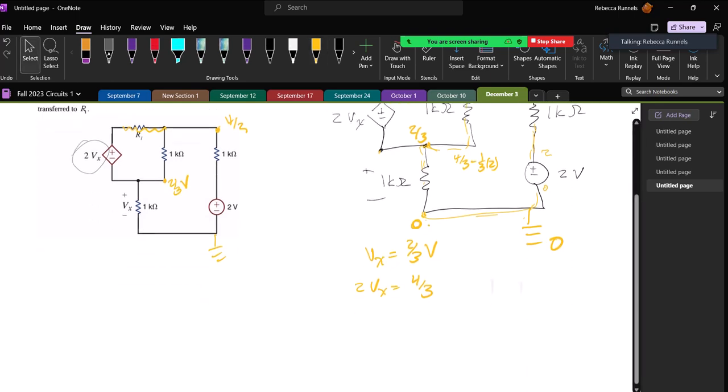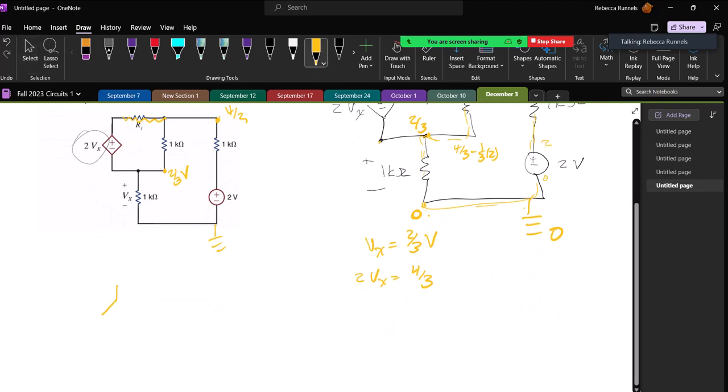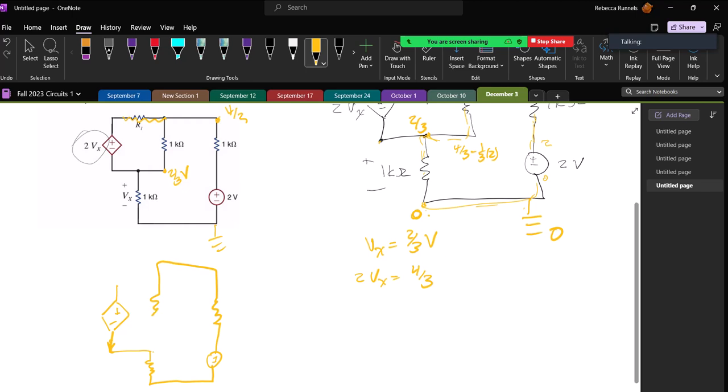So what I have learned now is that in this circuit, right here, I am at 4/3 volts and right here 2 volts.